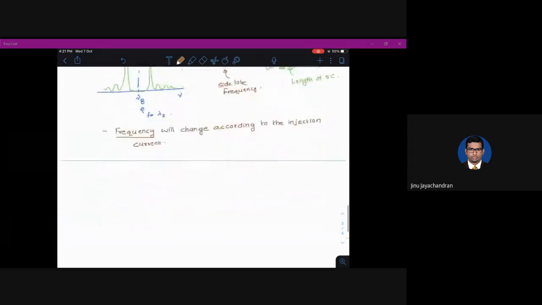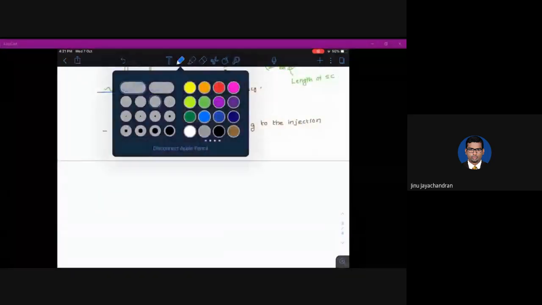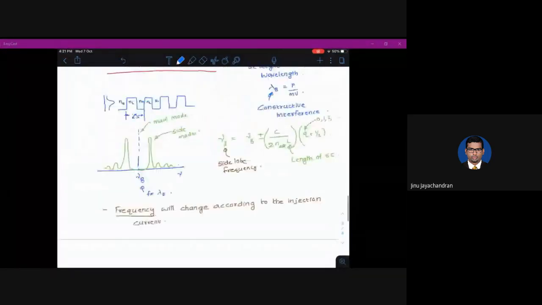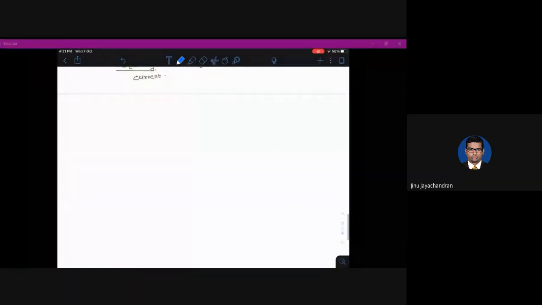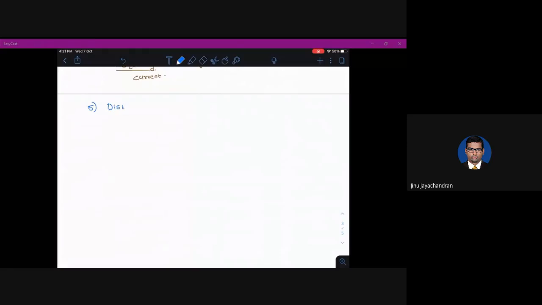To mitigate this problem, we have something called the distributed Bragg reflector laser.